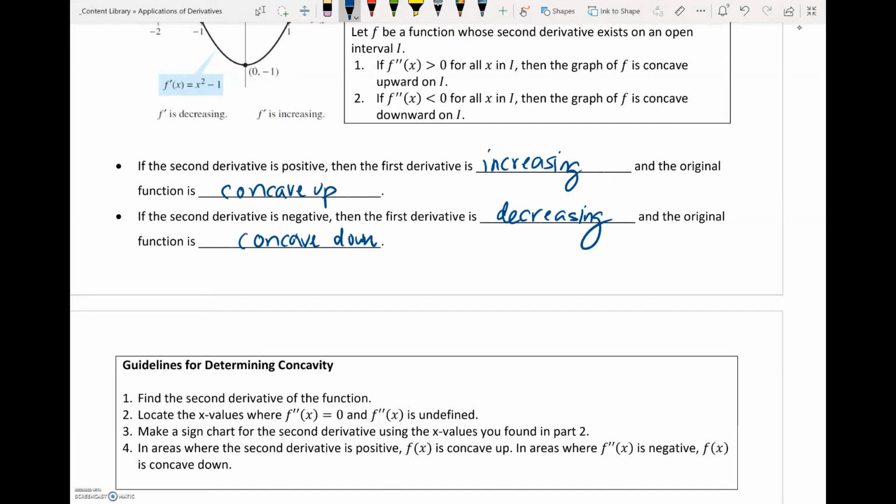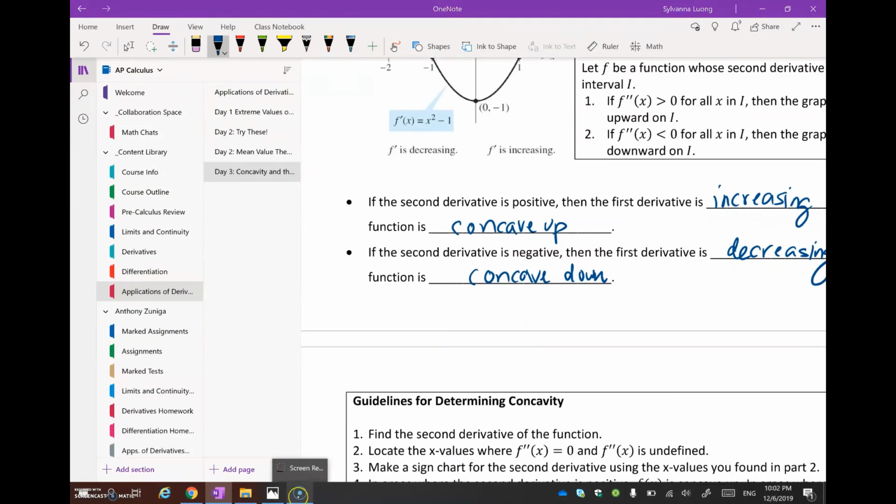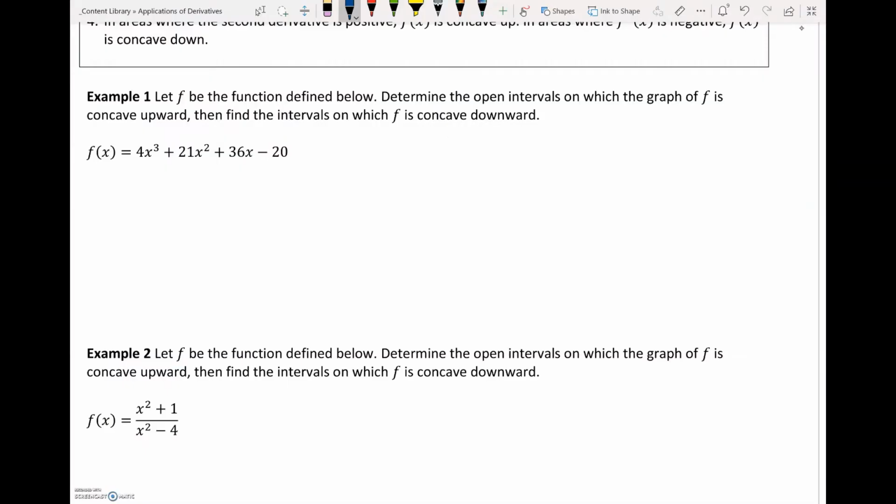Then we're going to make a sign diagram for that second derivative using those x values you just found in step 2. In the areas where the second derivative is positive, then f is concave up. If f double prime is negative on that interval, then f will be concave down there. Let's do an example of this now.